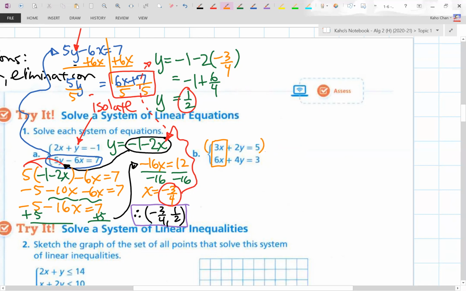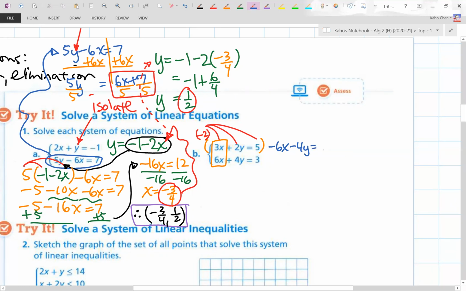I want to make the 3 into a negative 6 by multiplying the first equation by negative 2 to everything. I'm going to multiply to here, here, and here, and rewrite it. And so we get, here we go, negative 2 times 3x is negative 6x. Negative 2 times 2y is minus 4y.